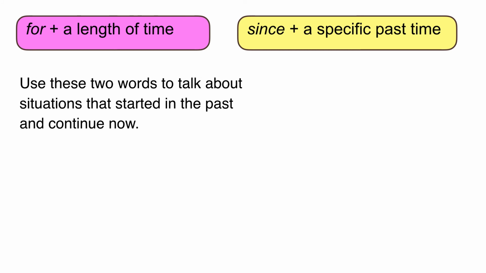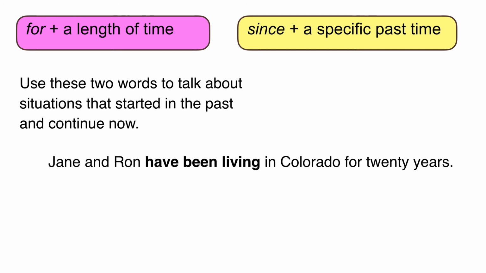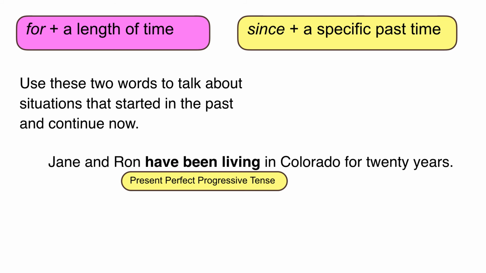Since this morning, since 3 o'clock, since yesterday morning. For example, Jane and Ron have been living in Colorado for 20 years. What verb tense is this? This is the present perfect progressive tense.